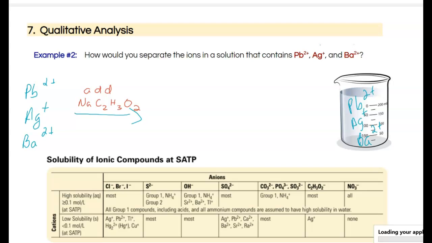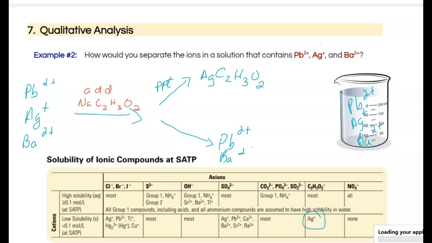The acetate is going to cause something to precipitate out, and then a couple of other things to not precipitate. Now, the whole point of me adding the acetate was to precipitate out my silver. So I'm going to have a precipitate of silver acetate. So that's separated. But what I'll still have remaining are my lead ions and my barium ions.